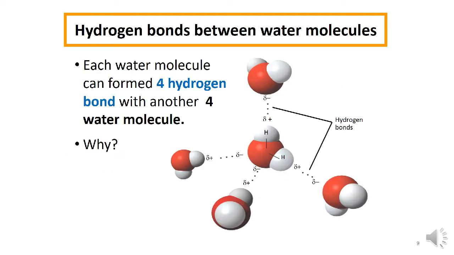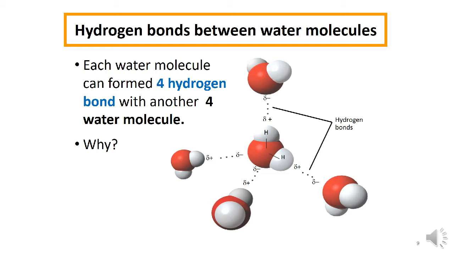Let's see why a water molecule can bind with another four water molecules. Since a water molecule has an oxygen with two delta negative, this particular oxygen will be able to attract two other water molecules. And the hydrogens are able to bind with another water molecule by hydrogen bonds.